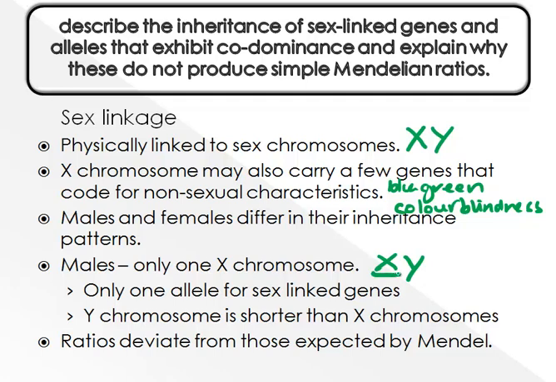They only have 1 allele with sex-linked genes. Where the Y chromosome doesn't carry these genes, they receive that gene from the X chromosome. So they will display whatever they receive from the X chromosome because the Y chromosome has missing genes.